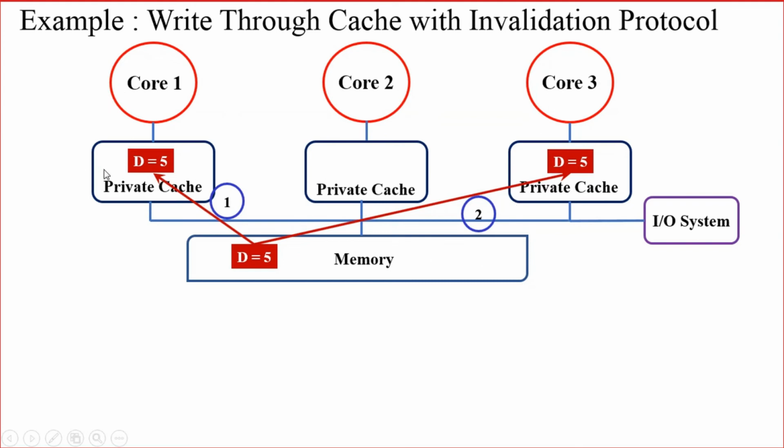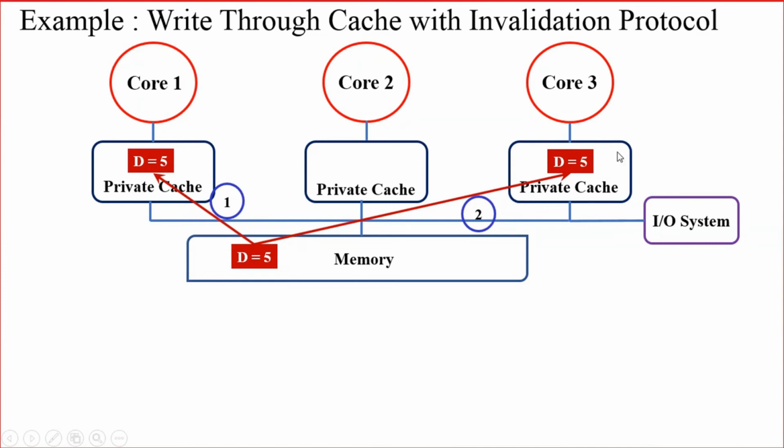Core 1 is trying to read the data from its private cache, but the data is not available here, so a cache miss will happen. Core 1 will try to read from the memory. The data was in memory, so that data will be read and kept in the private cache of core 1.